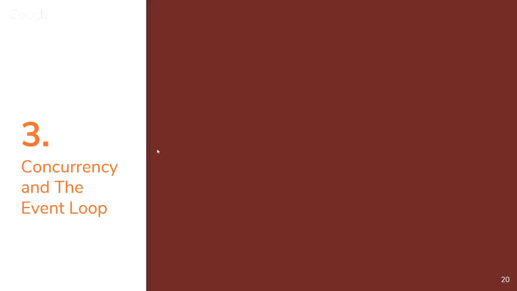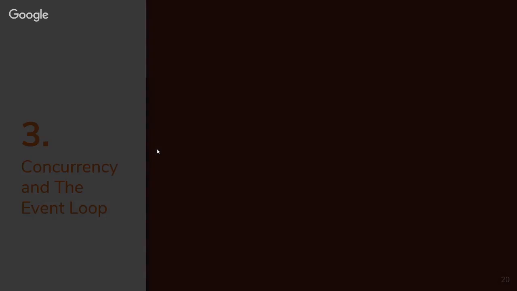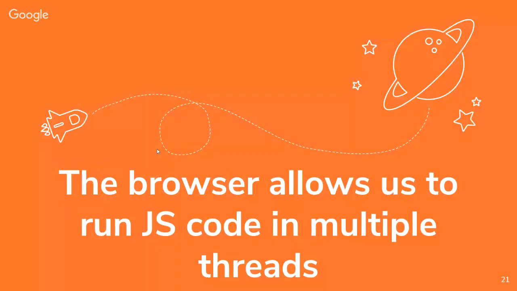In the browser's V8 runtime, however, it turns out that we can. And that is so only because we make use of the event loop. So let's see how that happens. JavaScript, the runtime, can only do one thing at a time.